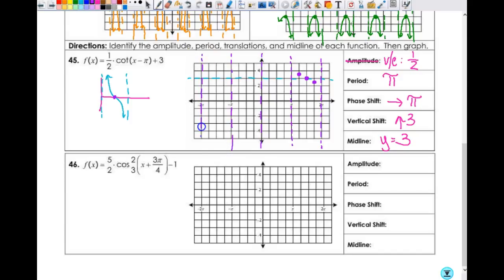Which means something you should be able to recognize at this point from what we did today is that even if I hadn't shifted it over pi, like if I could take this part out, it's going to be the same graph because shifting it over pi, it looks the same. Okay, so get these in here repeated.